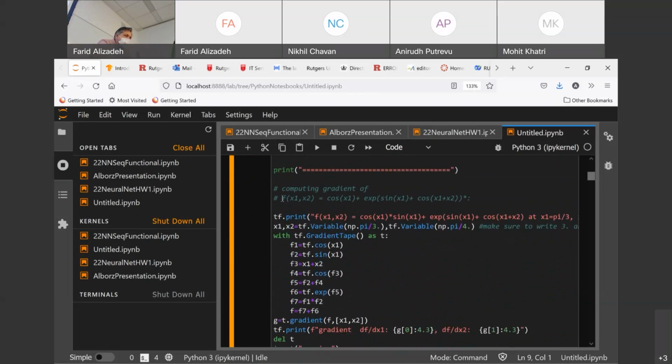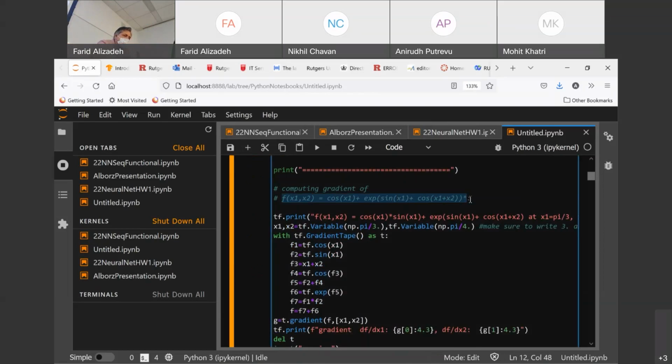So here is the function. I don't know what that star is. Some simple function, right? F of x1 and x2, cosine x1, e to the sine of x1 plus cosine, something simple. So first of all, you have to declare x1 and x2 as variables.